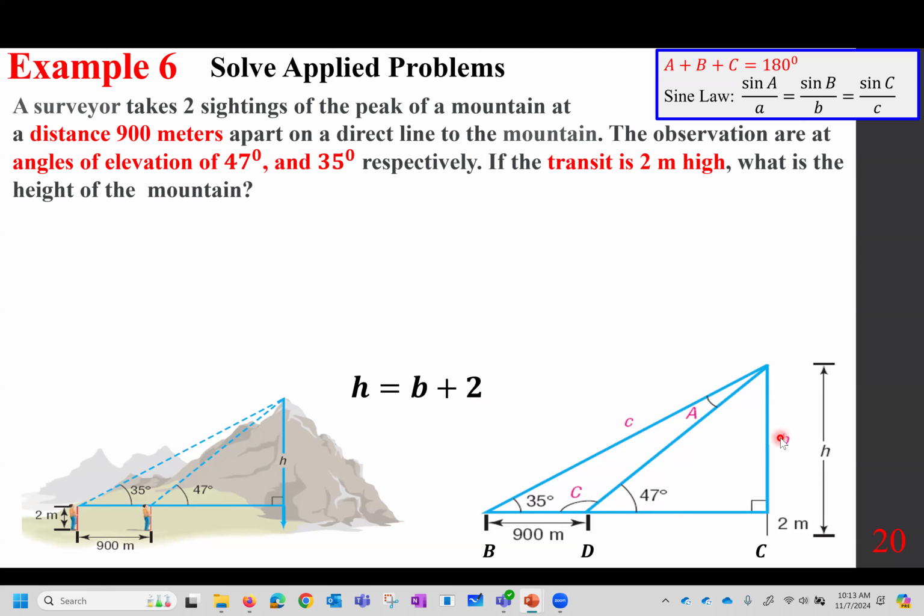As long as we find B, we are in good shape. So let's find B.